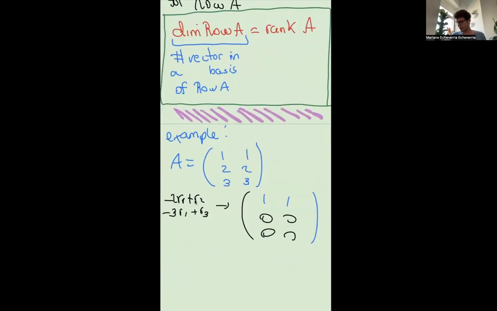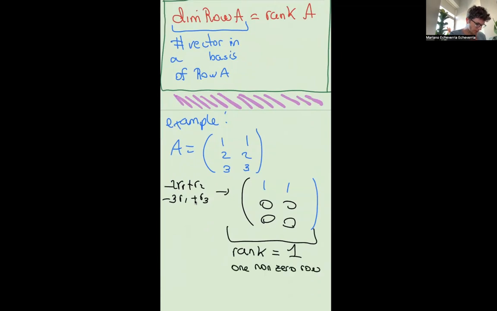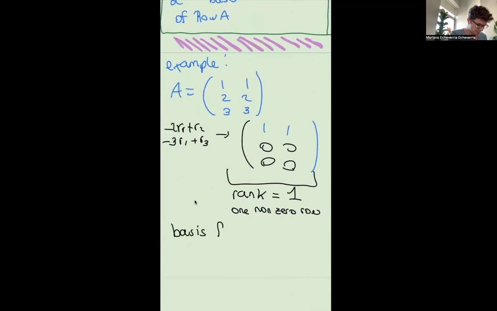So the rank is 1. That means the basis for the row space is just the non-zero row. There's only one non-zero row, so the basis for row of A is the vector 1, 1.